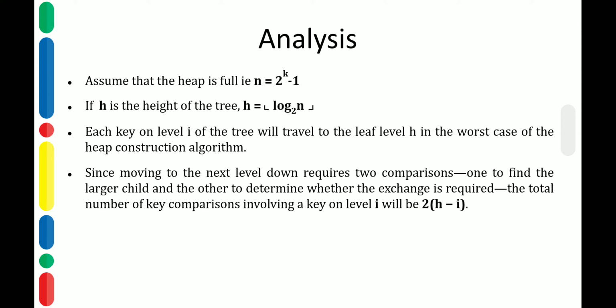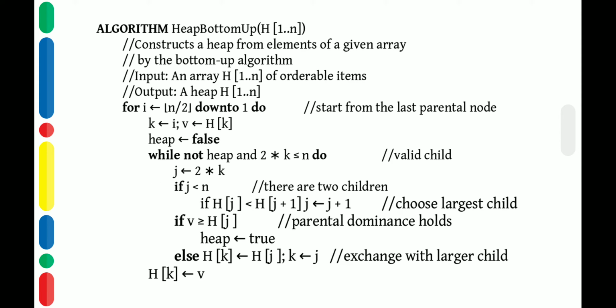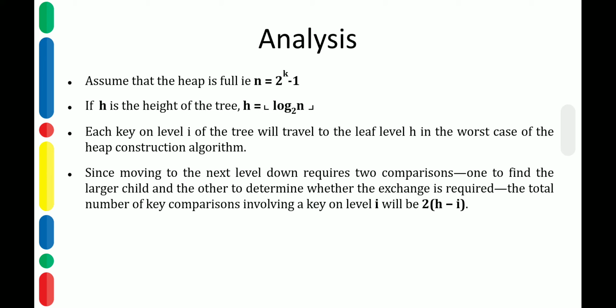If you look at the algorithm, to move a parent down the heap, we require two comparisons. One is the comparison for choosing the largest child, H[j] less than H[j+1], and another one is for checking whether the parental dominance is satisfied.